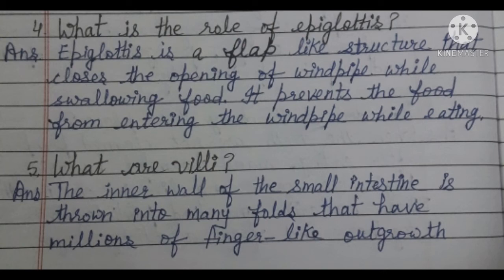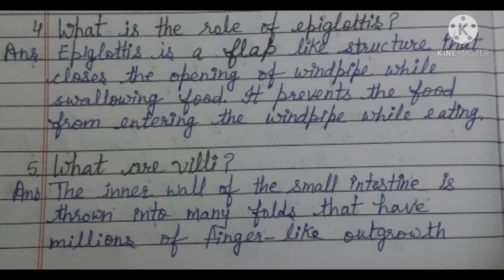And pharynx is the common passage for food as well as air. So the epiglottis closes the windpipe when we are swallowing food so that the food can't enter into the windpipe. It prevents the food from entering the windpipe while eating.